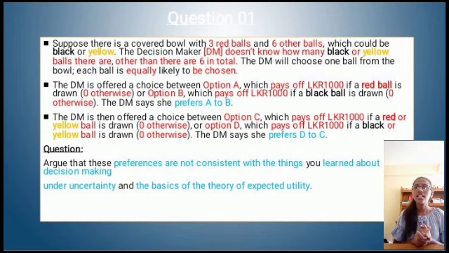In this case, the preferences displayed by the decision maker are inconsistent with the principles of decision making under uncertainty and expected utility theory. Here's why: violation of the principle of independence, inconsistent utility assignments, and ignoring available information.